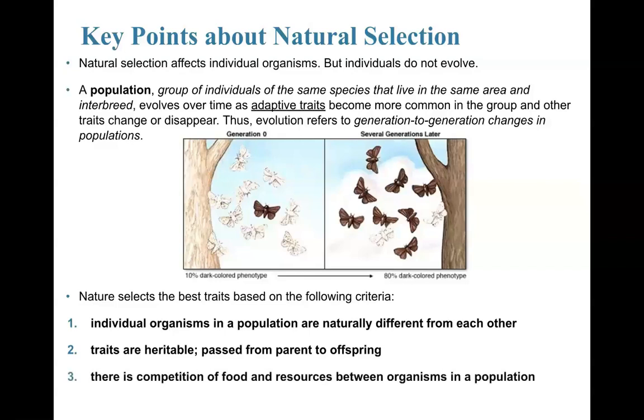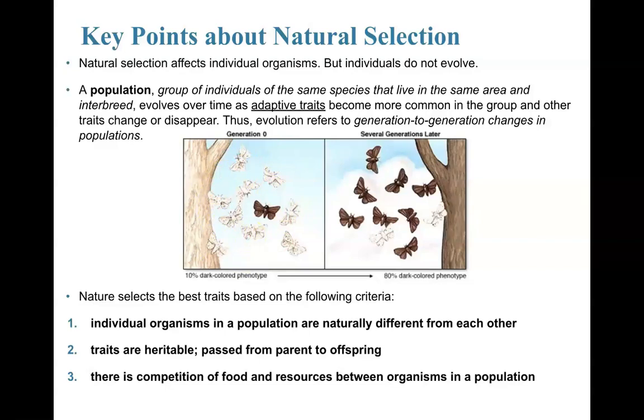3rd criteria. There must be competition. There must be a selection pressure. So there has to be conditions that make some traits more favorable than others. So we call that competition of resources. So here, the resource I'm showing you is going to be camouflage from predation, for instance. And so there's a competition who could be camouflaged better than other individuals in that population.